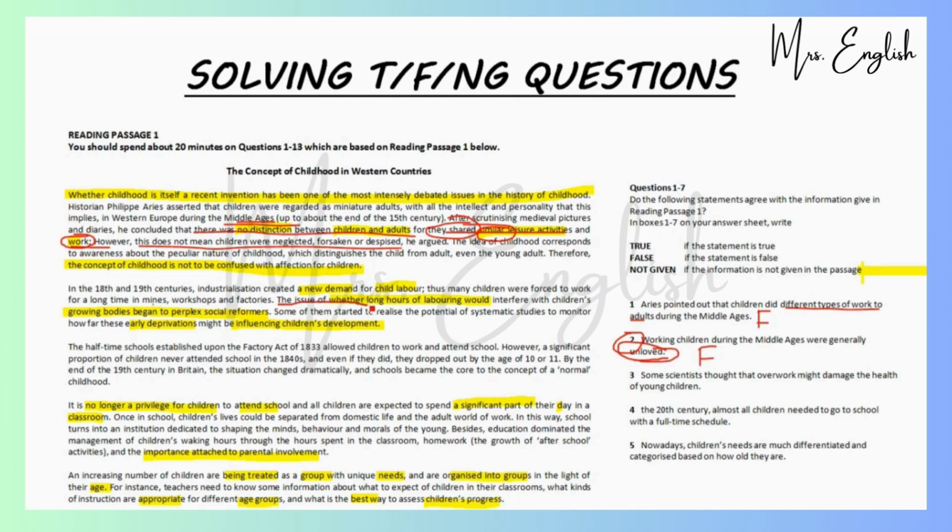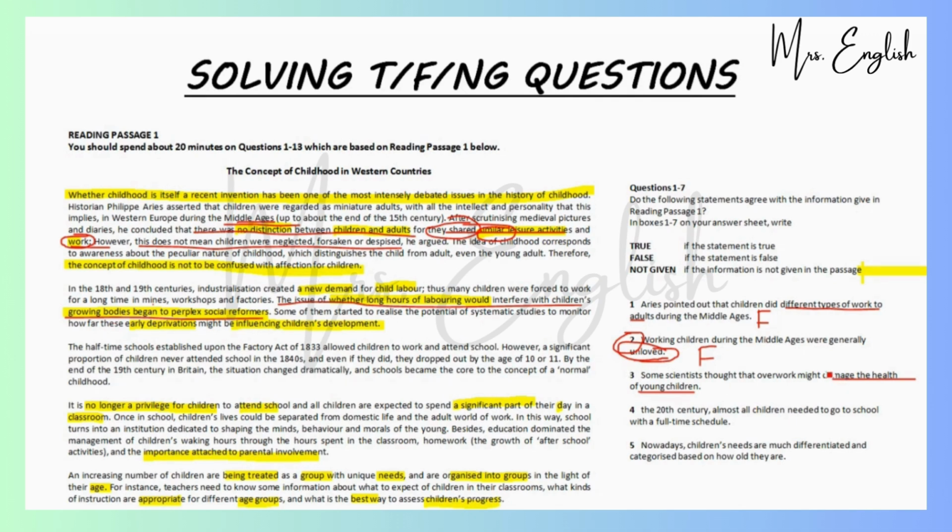The issue of whether long hours of laboring would interfere with children's growing bodies. You can see that this is completely paraphrased, and the question uses synonyms: damaging the health of young children is written in the passage as interfere with children's growing bodies. These two have the same meaning, right?